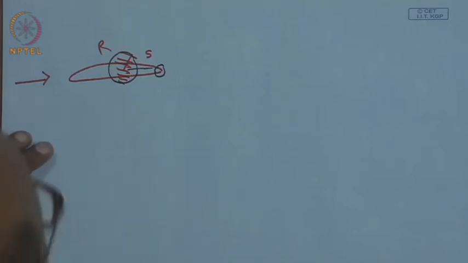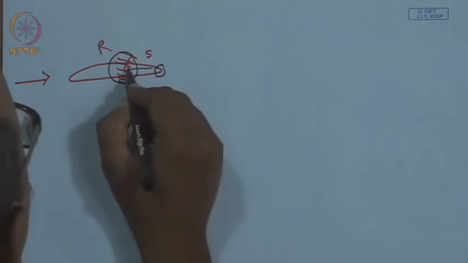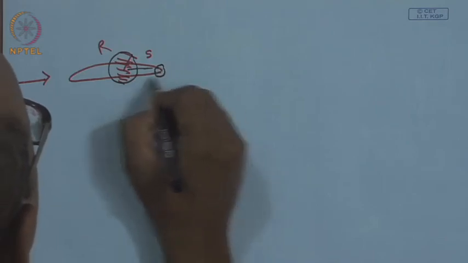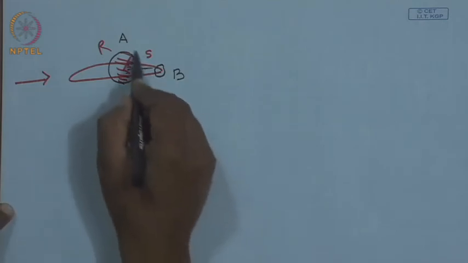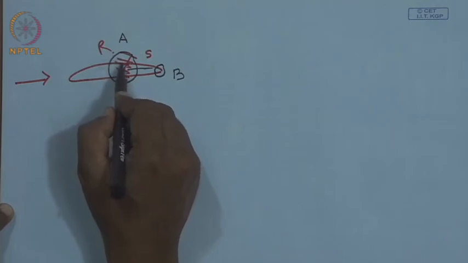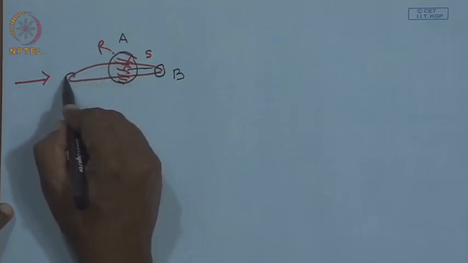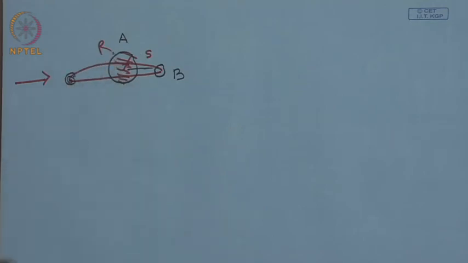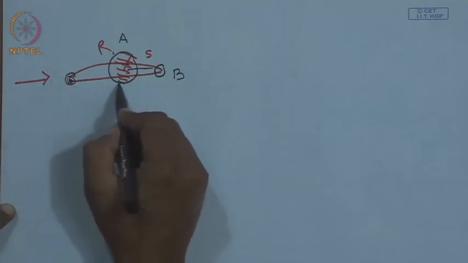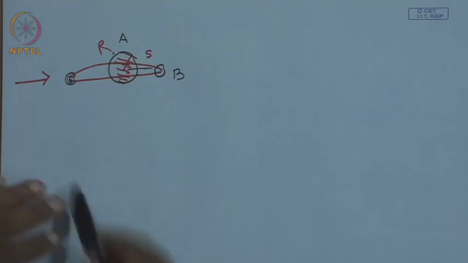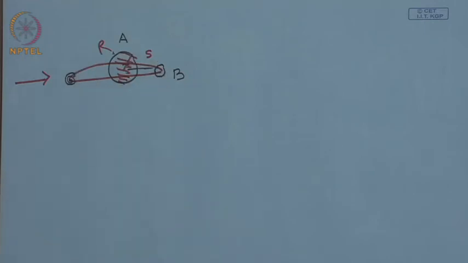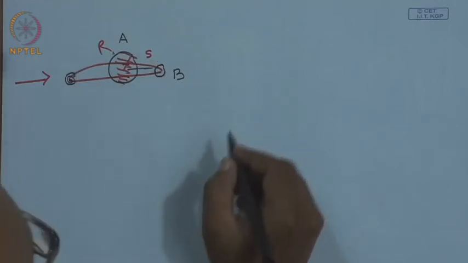Let us call the big star A and the small one B. When B is behind A, it is completely eclipsed, and then it comes around and you can see both the stars, and then B comes in front and it obscures a part of A, and then again it moves out. So, the question is, what will the total light that comes from this system look like? This is what is called the light curve.